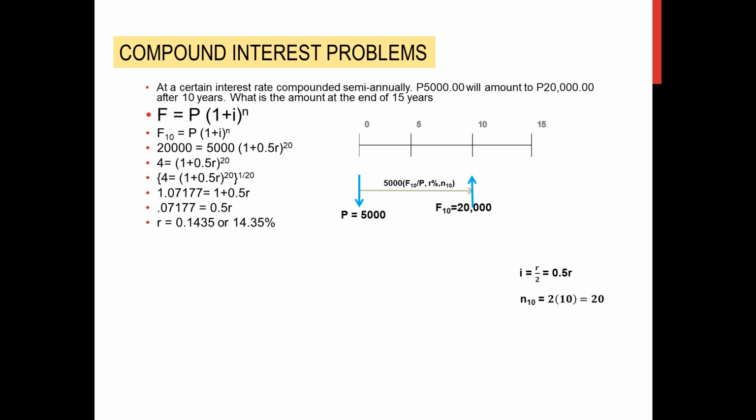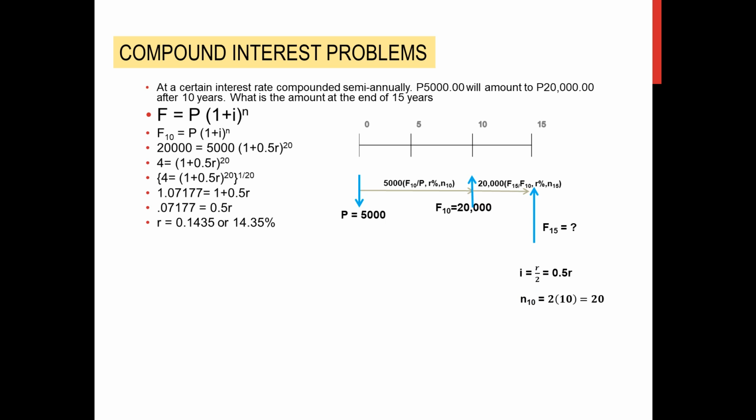So R, which is 14.35%, will be used in calculation of our future worth further moved to the 15th year. Okay, so the same procedure, we're going to forward F10 to F15.